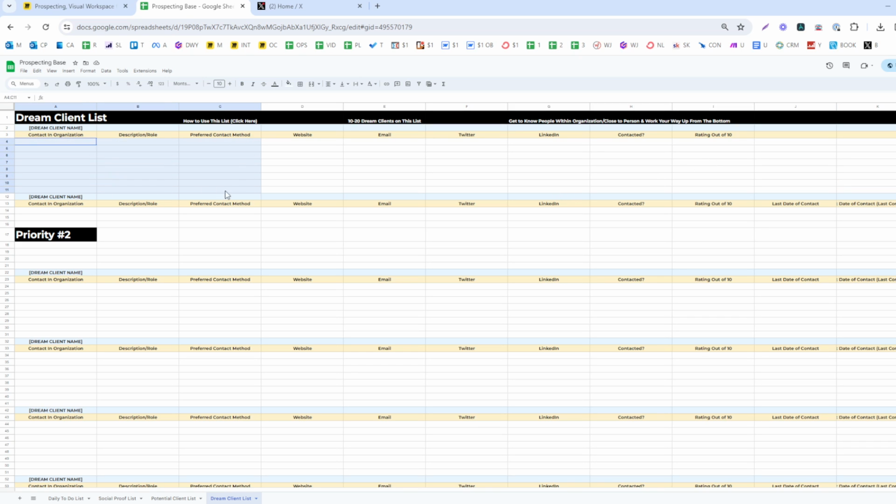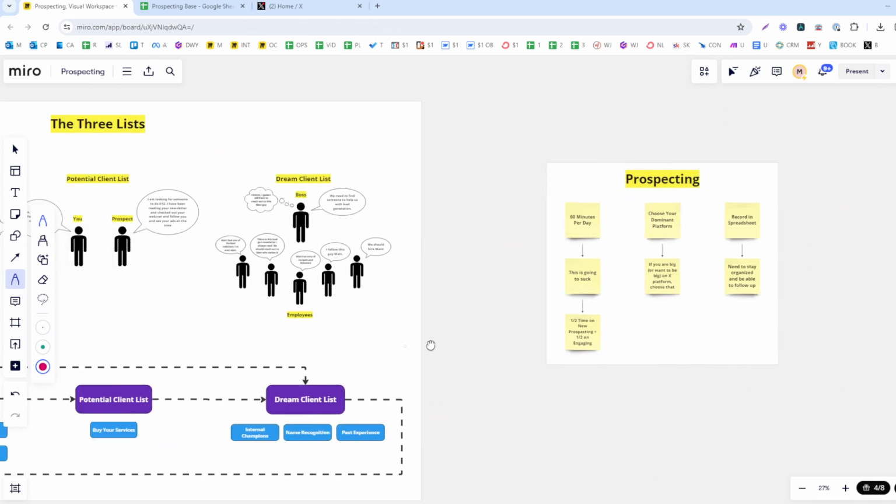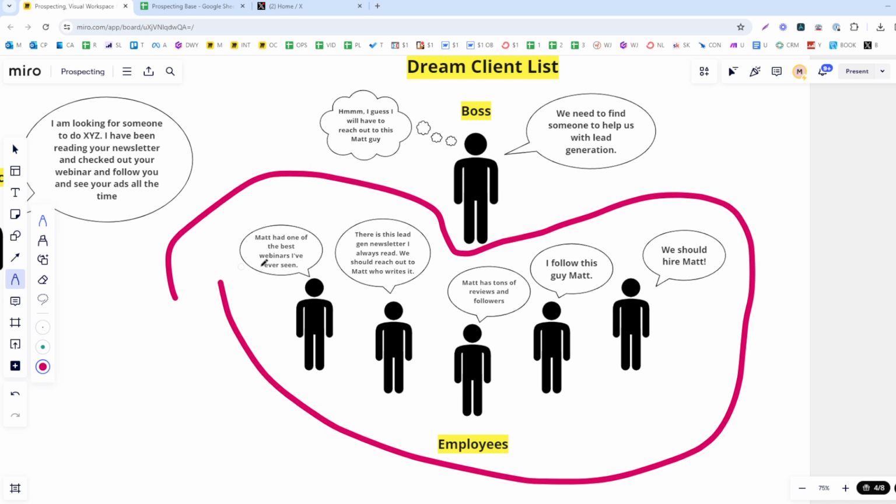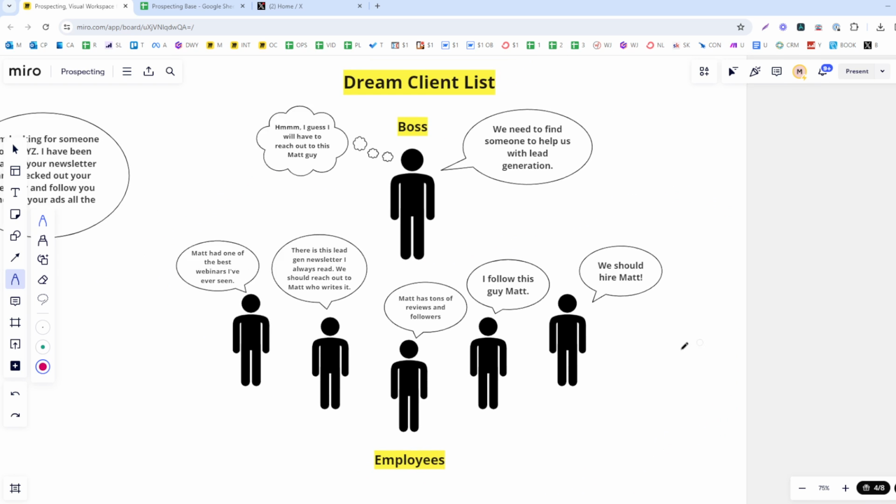And if your dream client was Microsoft, we can't just try to sell to Bill Gates, right? We have to find people who work at Microsoft and work our way up, essentially. So you'd have contacts for as many people as you possibly can in that organization, so you can build this kind of scenario with your dream client list.